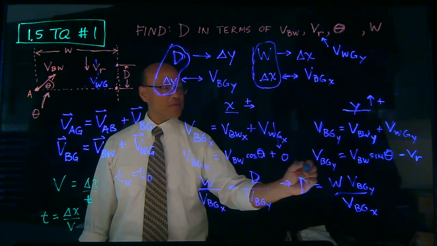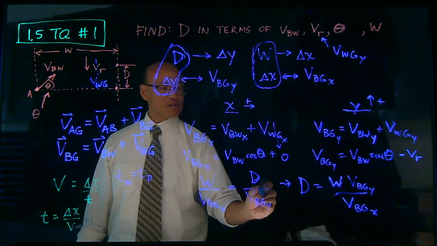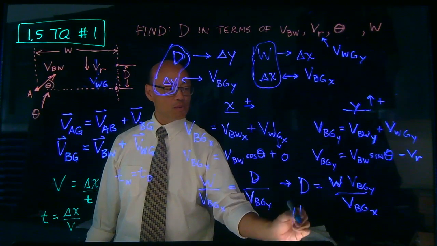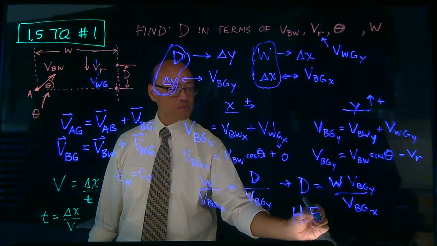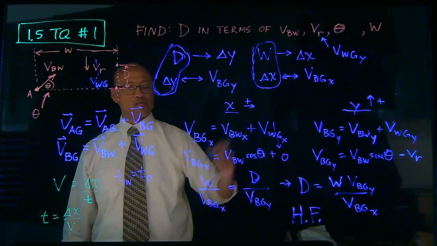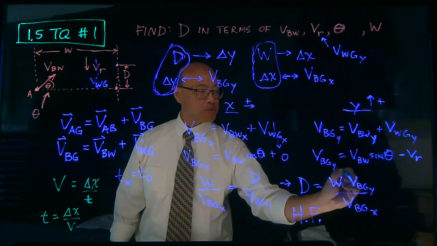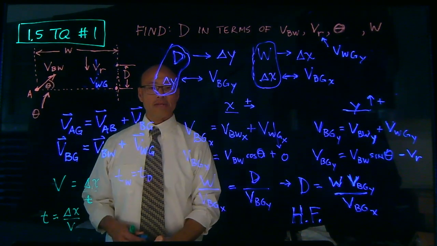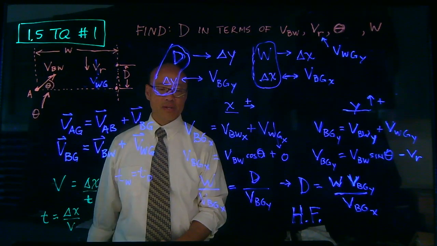And you have enough information now to get the final answer. So I will declare this problem home free. You're home free. You just have these substitutions, and then you should see the answer. Right? And that is number 1, topic question 1.5.